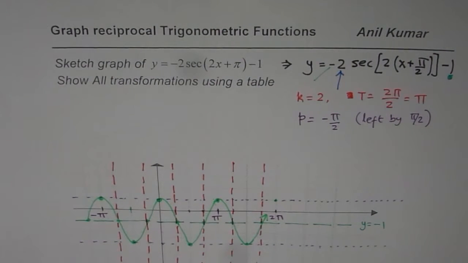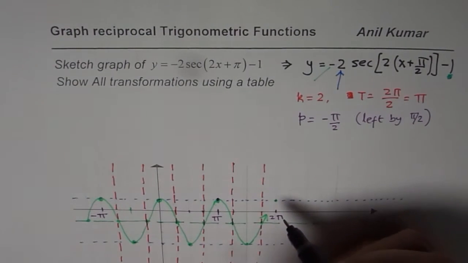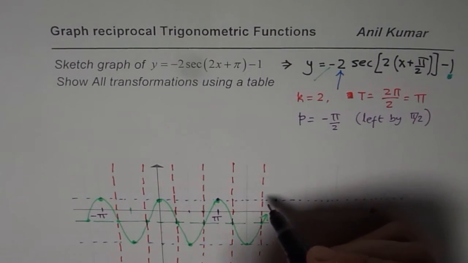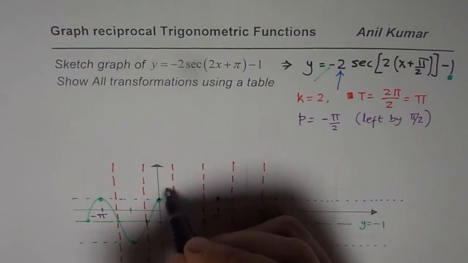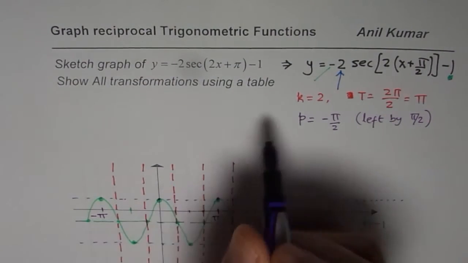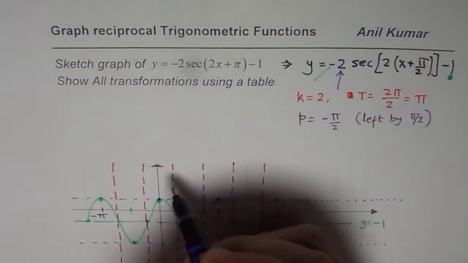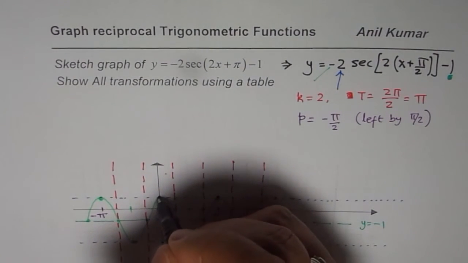Correct. Now we have all the guidelines to sketch the secant function, right? So now we can sketch the secant function. For example, if you start from here, well, the axis is here, why not start from here? So it will go upwards from here, correct? Now, instead of 1 unit, because it is 2, in the first case, it should cross here at 2, right? So we'll have a function which is kind of like this.